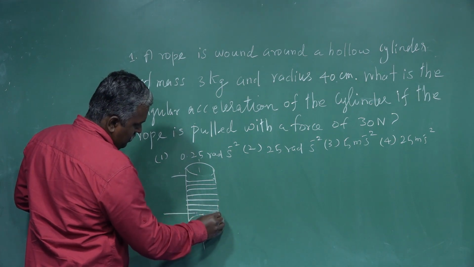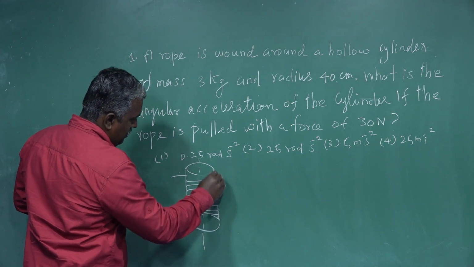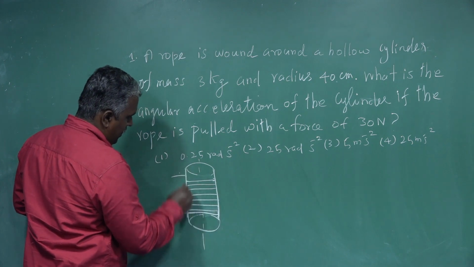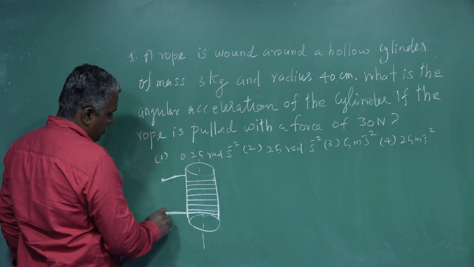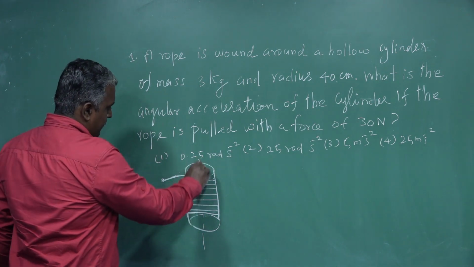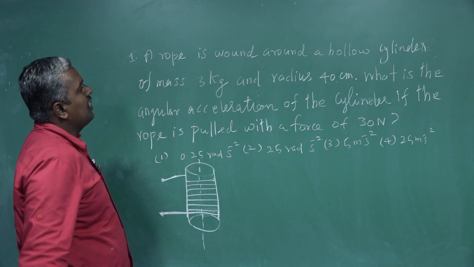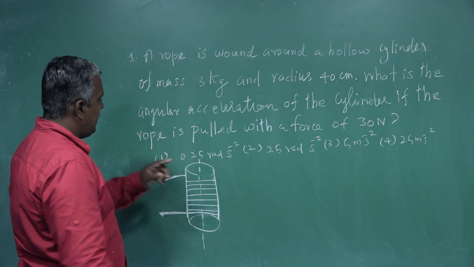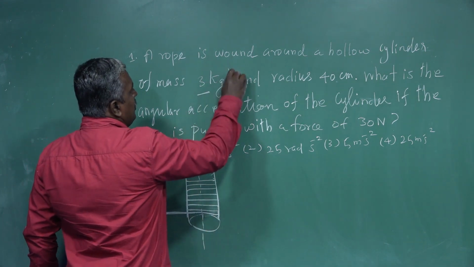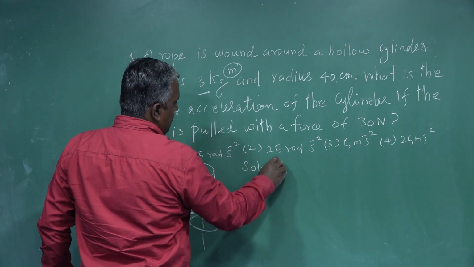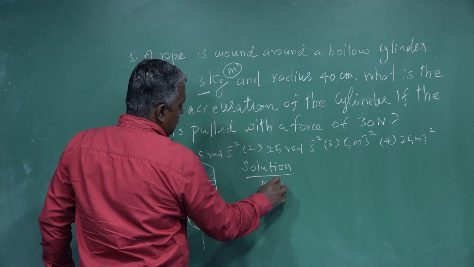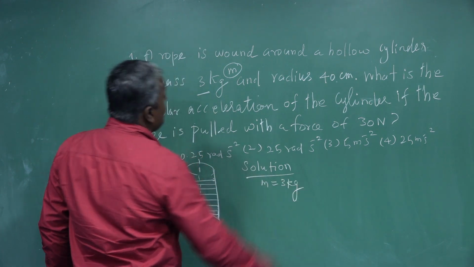This is the hollow cylinder. These are the two ends of the rope. This is the axis of the hollow cylinder. Of mass 3 kg, so M is equal to 3 kg.